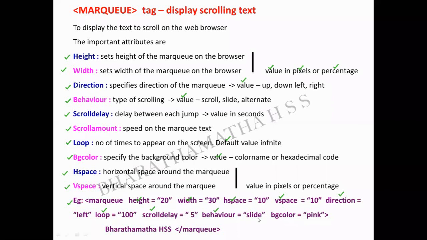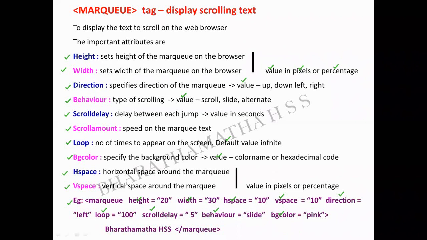Scroll amount I didn't give, not necessary. BG color I have given. So except for one or two, I have given almost all the attributes over here. Is this part clear?